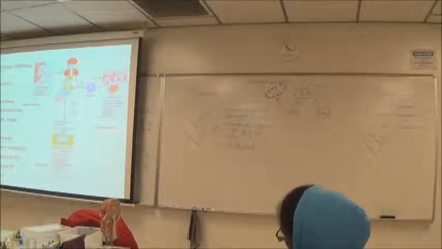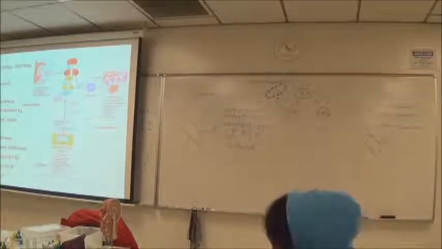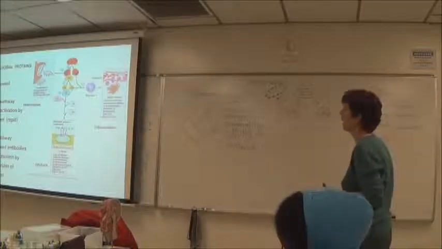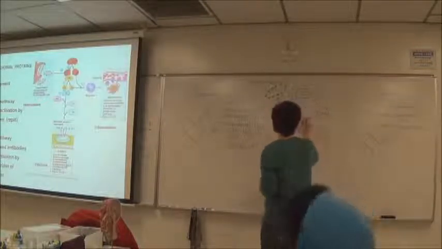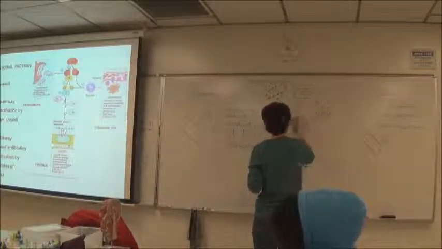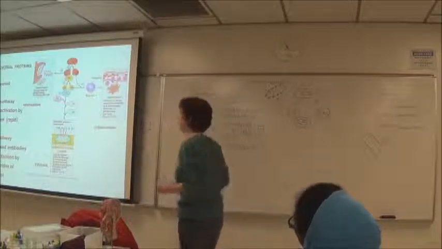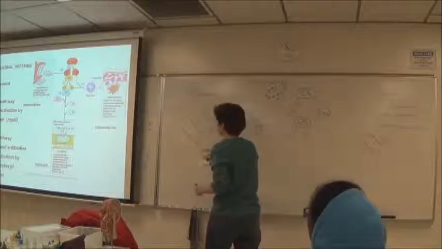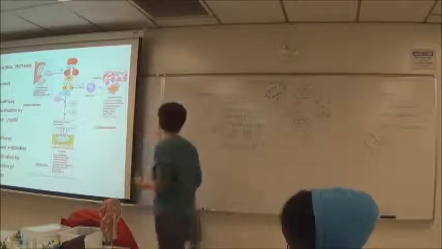It makes it more likely that that opsonized cell is going to be phagocytosed. Okay. So C5 then becomes active by its interaction with C3b, and it splits to form two segments.